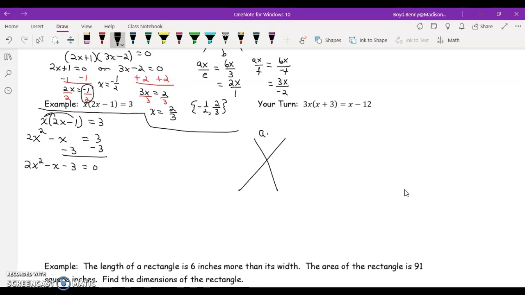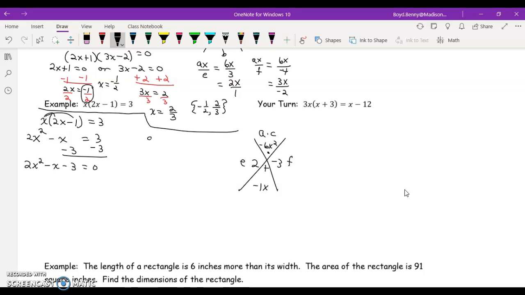So here I see a times c would be negative 6x squared, and my middle term is negative 1x. So I need a product of negative 6 and a sum of negative 1 out of my e and f terms. So let's see. Two numbers, how about 2 times 3? And we'll put the negative on the 3 because it has to add up to a negative 1.